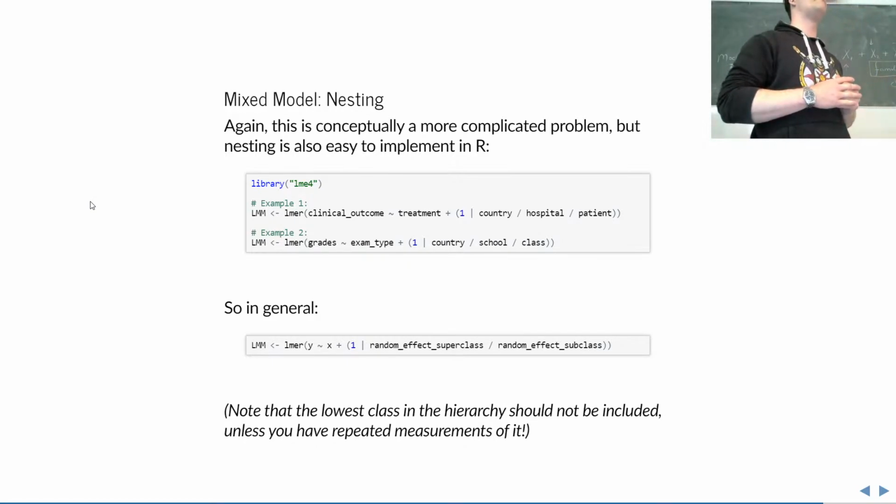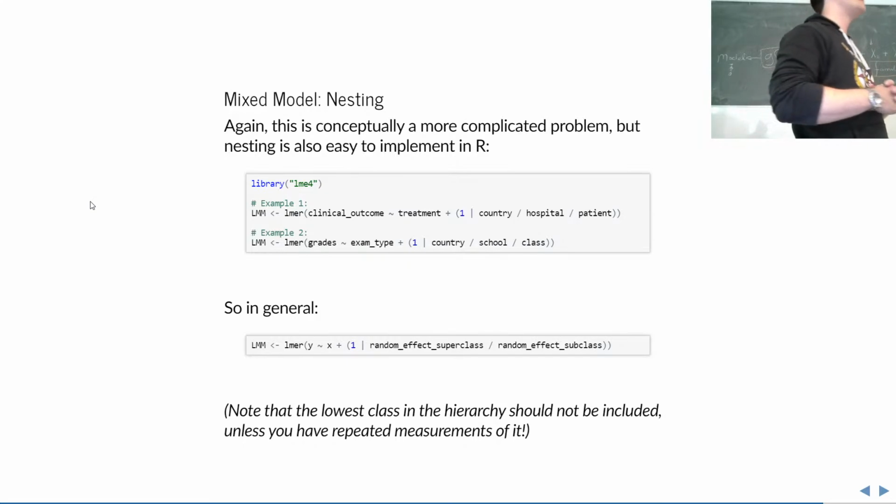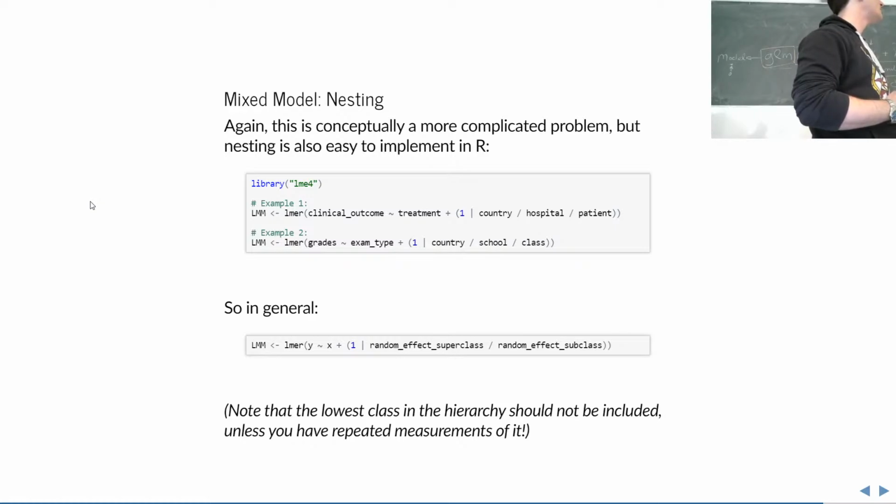With this example of the school and the class, with the nesting model at the bottom, you would not add class as a subclass? The random effect superclass was country, and the random effect subclass was then school, but you didn't add class, right?